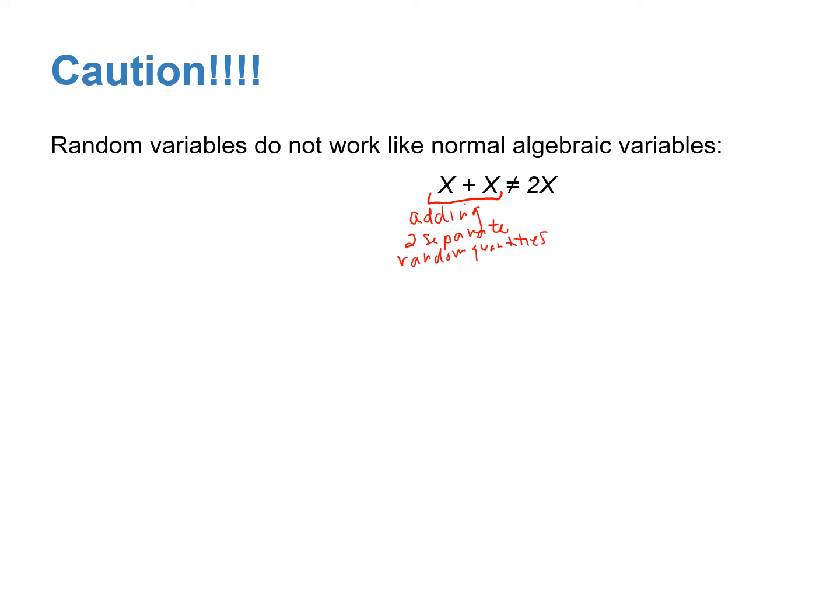Whereas multiplying 2 times x is taking a single random quantity and multiplying it by 2.